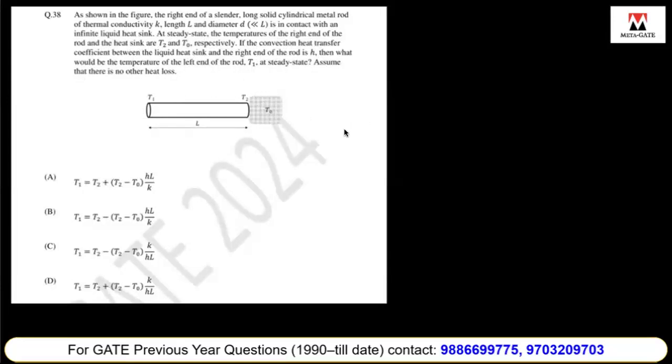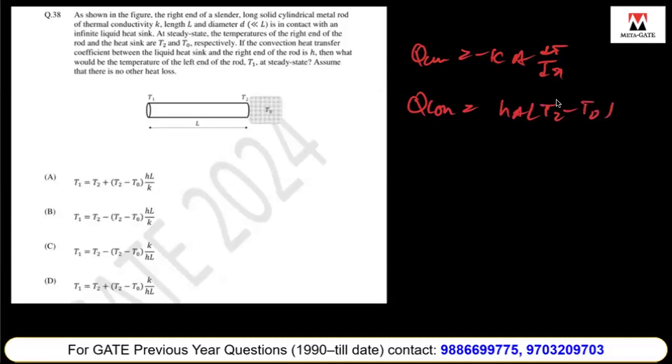So if you assume steady state condition, Q conduction is equal to minus KA dT by dx. This is also equal to Q convection, hA (T2 minus T0), and this is equal to T1 minus T2.